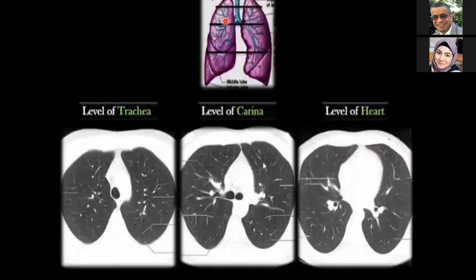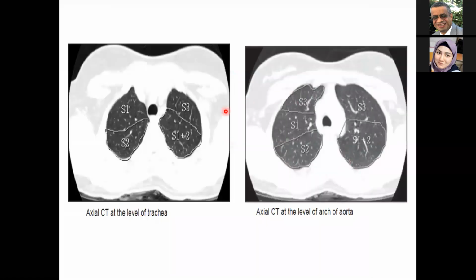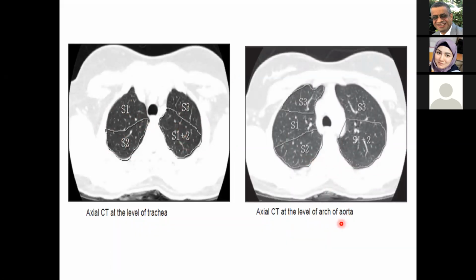On the axial CT scan, we have 3 important levels: at the level of the trachea, at the level of the carina, and at the level of the heart ventricles. At the level of the trachea, we show the right upper lobe and the left upper lobe. At the level of the aorta, we show the right upper lobe and right lower lobe, and the left upper lobe.